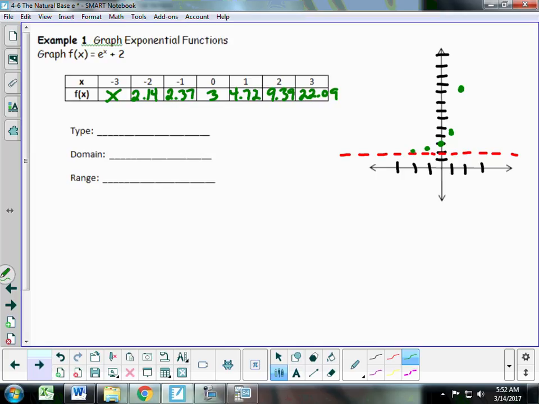About there, and I'm not going to be able to fit the 22 in there, so I'll just stop there. Okay, so something like that. This is still growth, since going from left to right, the graph is going up. The domain is all real numbers. The range is a little different this time: it's all y values that are greater than 2, since it got shifted up 2.